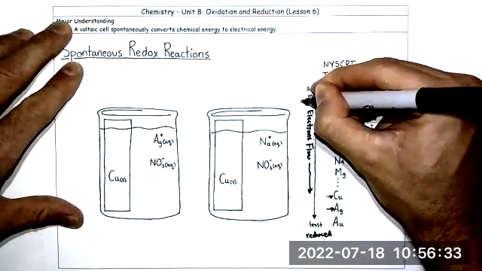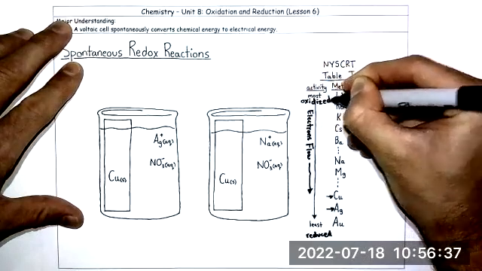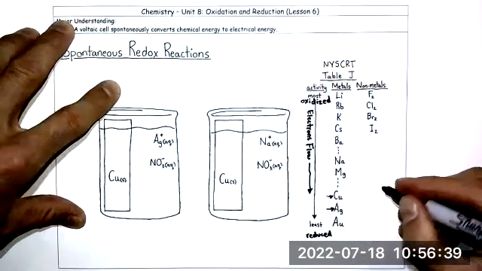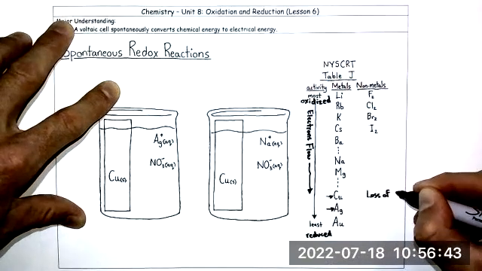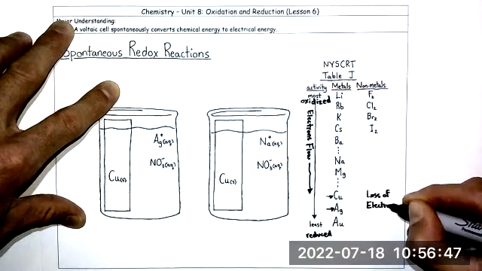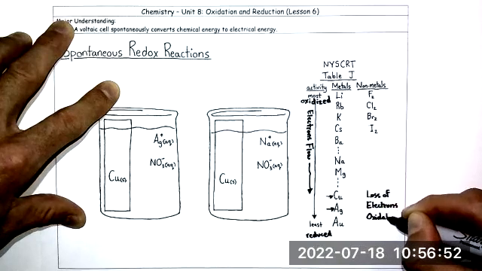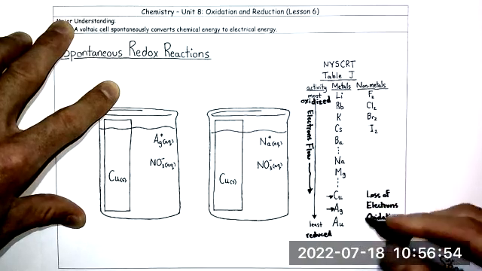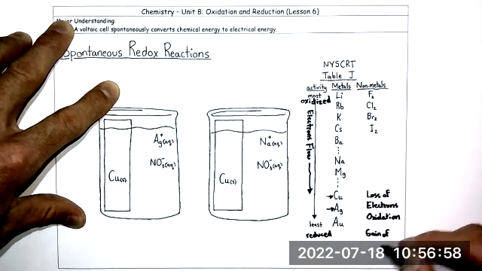Okay, so oxidized. And it's important to remember that, again, loss of electrons is oxidation, and gain of electrons is reduction.